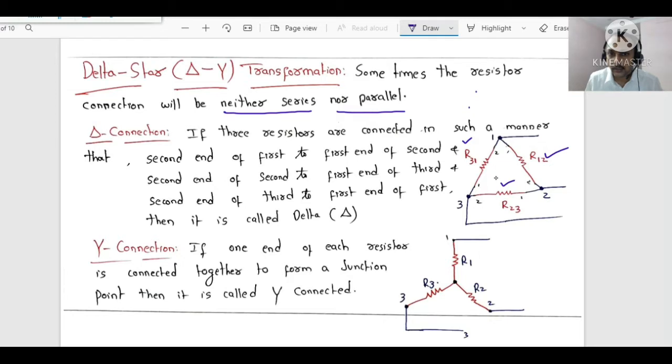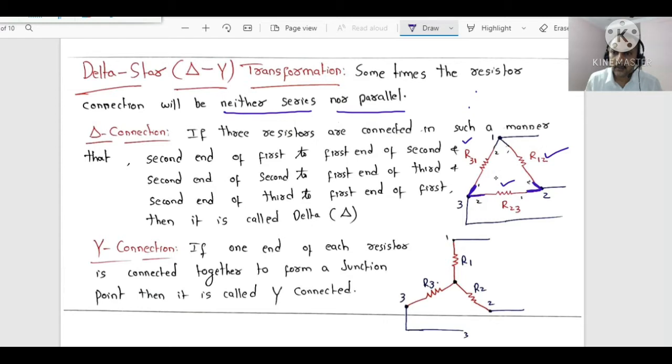The second end of the first resistor is connected to the first end of the second resistor. Similarly, the second end of the second resistor is connected to the first end of the third resistor. So far clear?